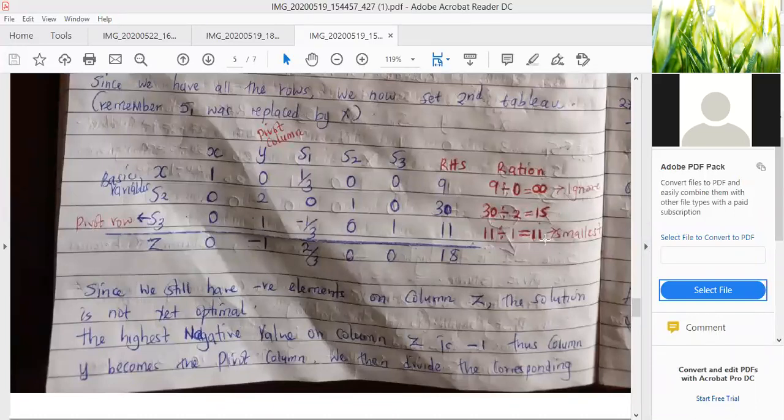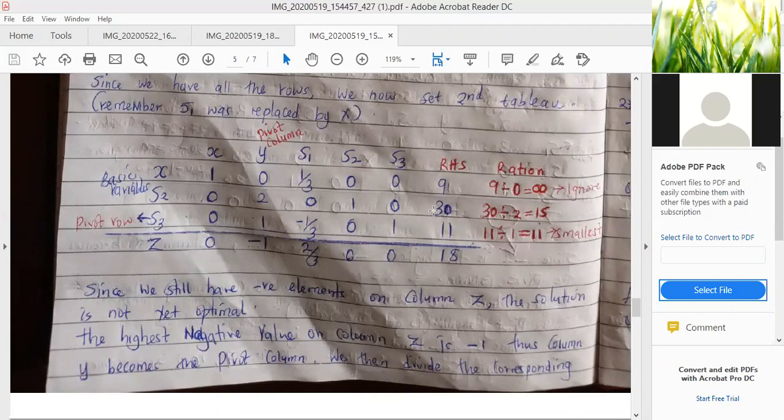And remember, we don't take any ratio in relation to law Z or your objective function, only for the constraints. And I repeat, it's only for the constraints where you require to get the ratios.